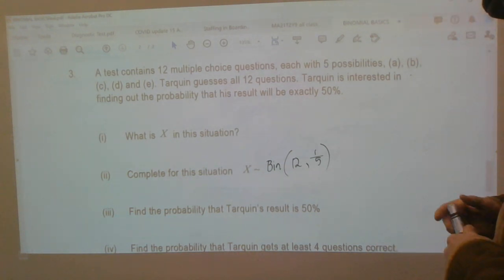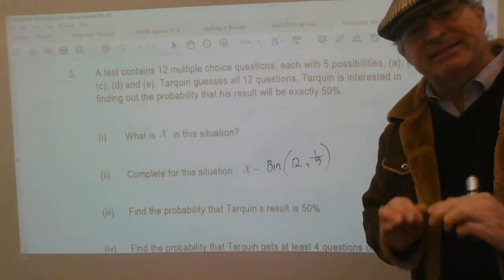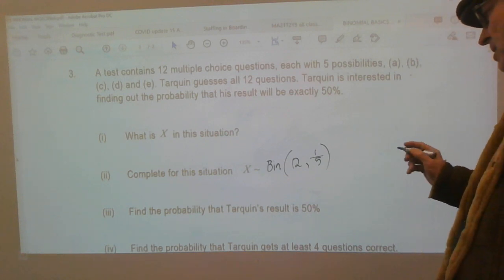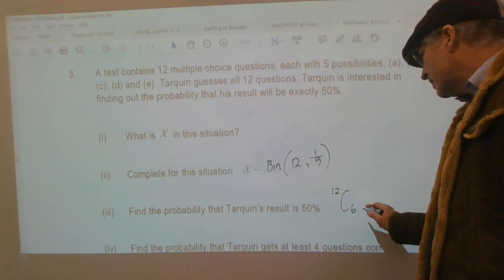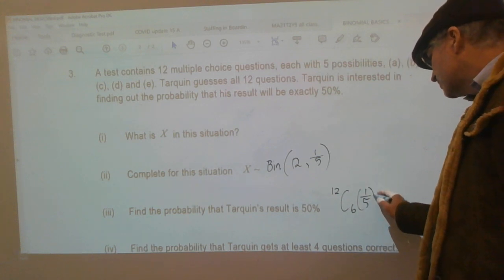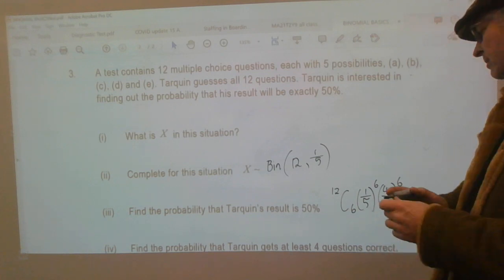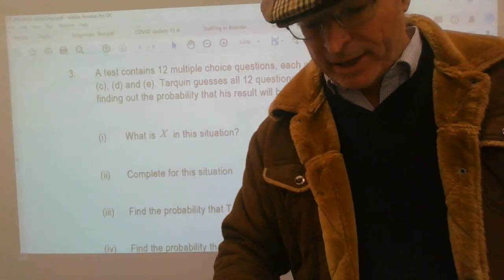So find the probability that he guesses exactly 6 of the 12 questions. So 12C6, 1/5 to the 6th, 4/5 to the 6th. He guessed exactly 6 questions.